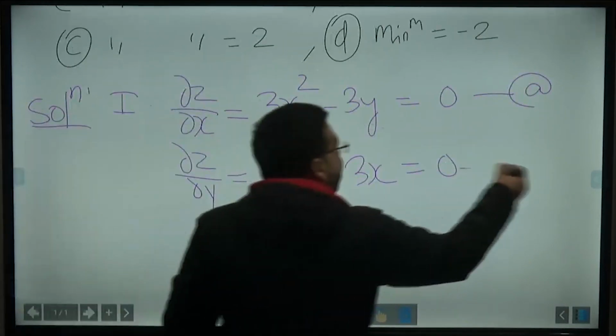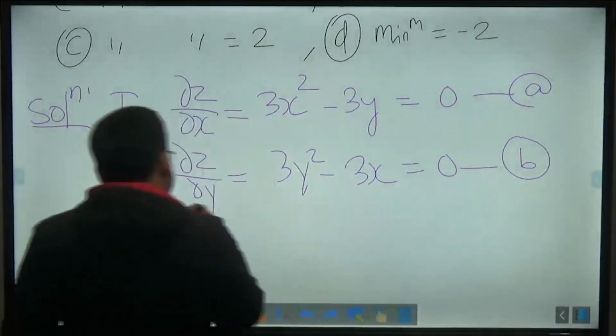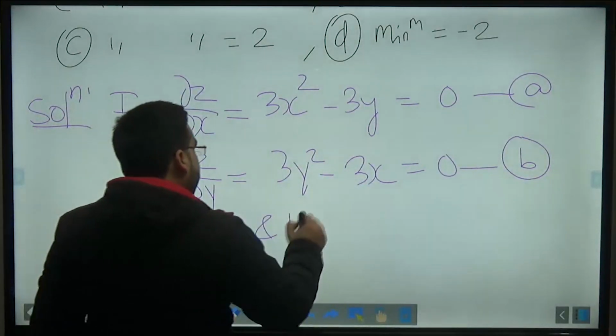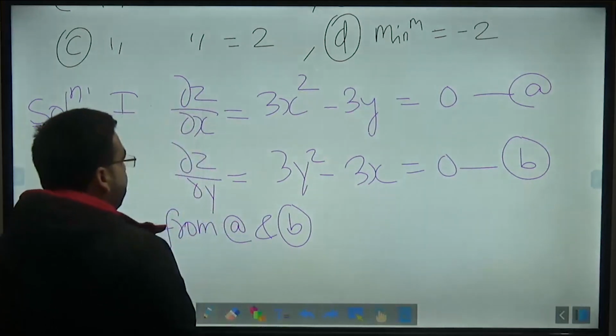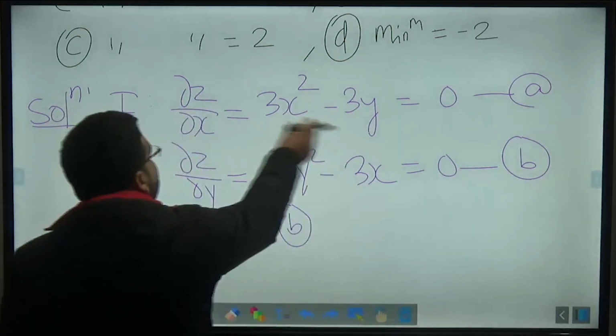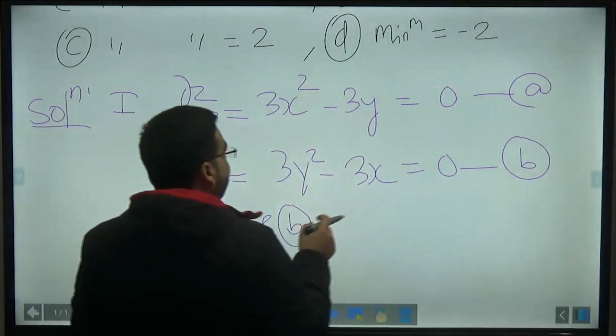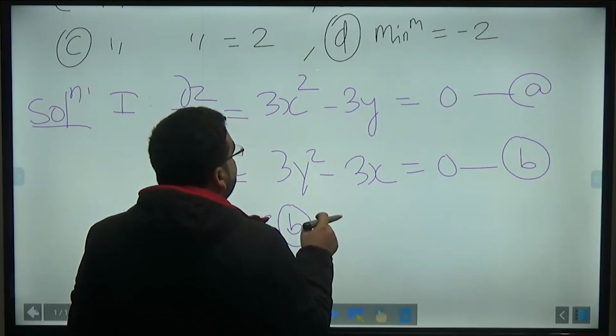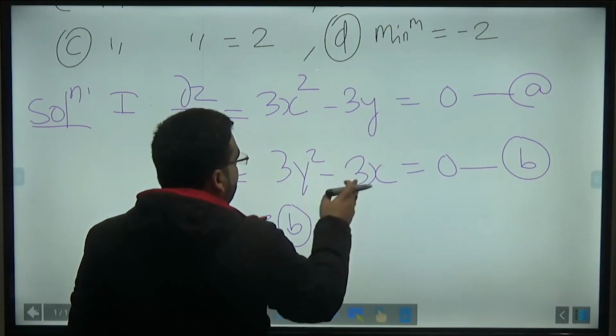From A and B, if you solve them, how to solve it? 3 times x square is equal to 3 times y, so x will be equal to root of y.